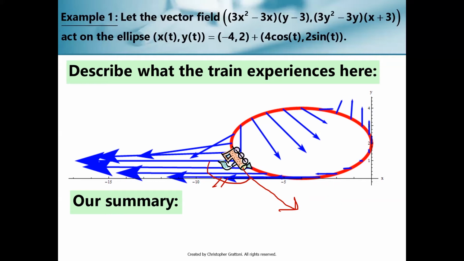But in this case, it's not actually as interesting looking at the angle between our tangent vector and the field vector. What's more interesting actually is looking at the angle between our normal vector and the field vector. And right here we see an acute angle. So basically it looks like this field vector is kind of pointing with our normal vector for the most part.